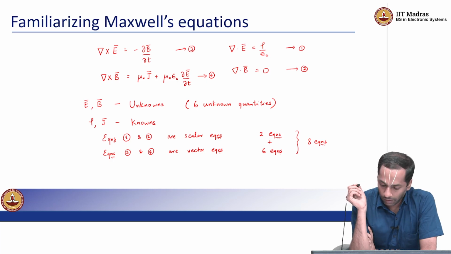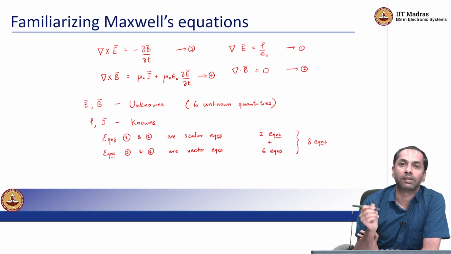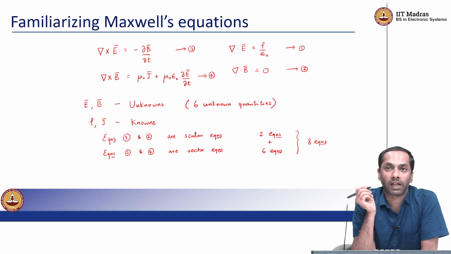So the way to resolve this is, some of these equations have to have redundant information, right? So that's the only way we can say that Maxwell's equations together can give you unique E and B fields, because even though there are 8 equations on the onset and 6 unknowns, these 8 equations are not giving you 8 pieces of unique information.